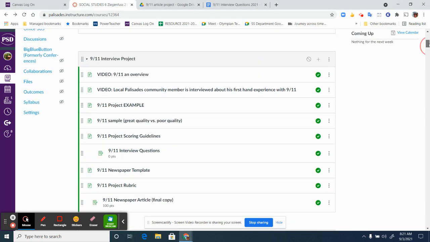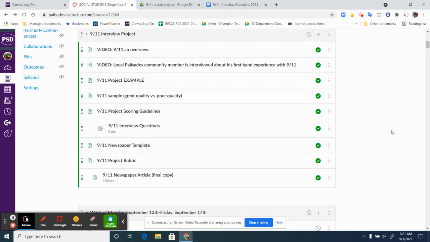Okay, so the first thing we want to do is go into Canvas. You're going to see a module created called 9/11 Interview Project, and there are different steps along the way. If you see something in this left-hand category, it's referred to as a page. These aren't assignments.